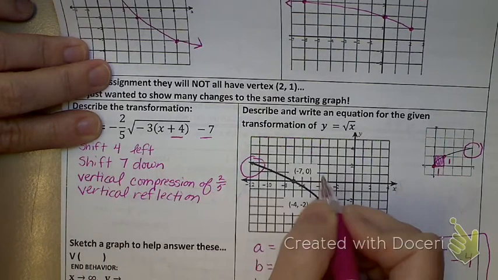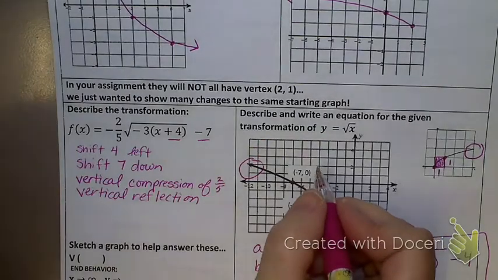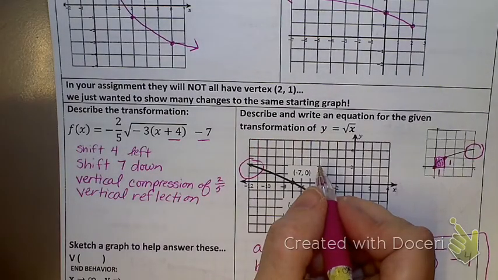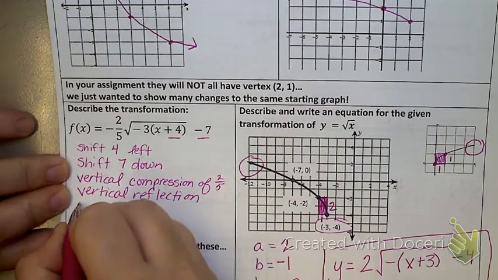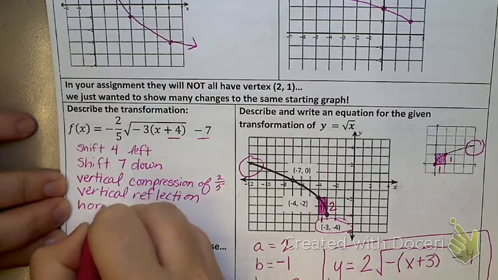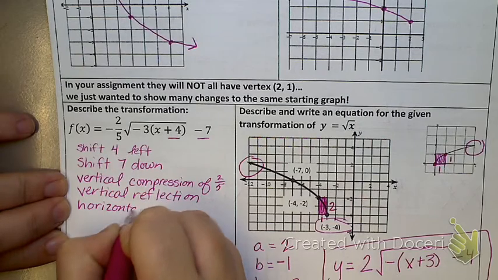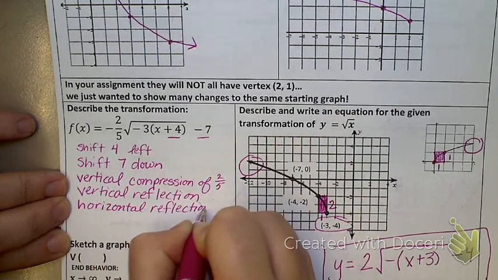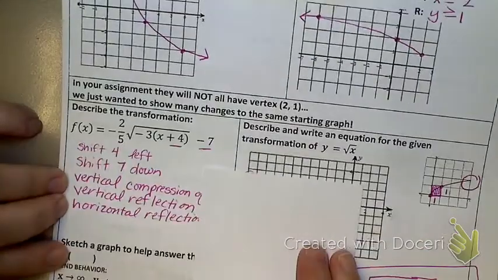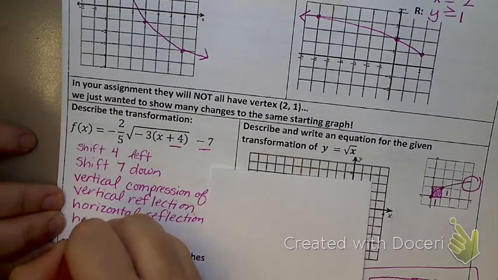We got all sorts of craziness going on here. And then my B value is -3. So with a B value of -3, I have a horizontal reflection because of that -3.